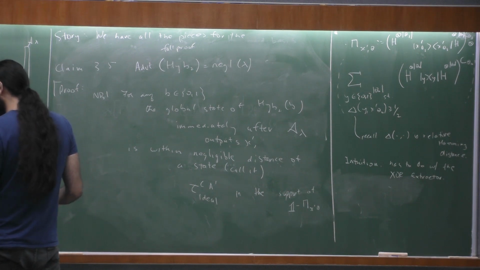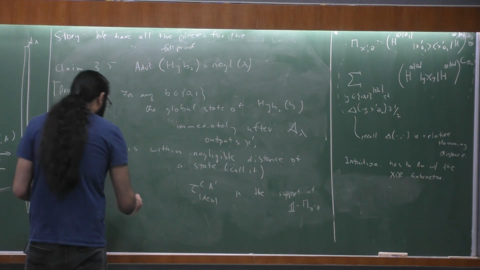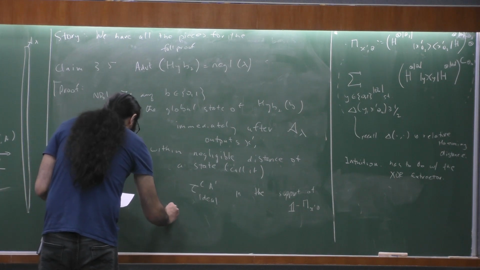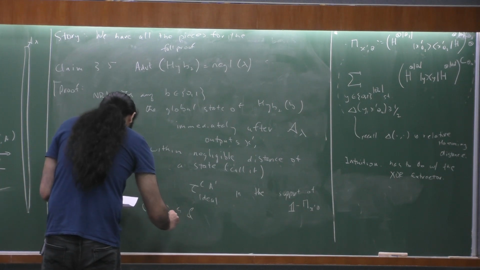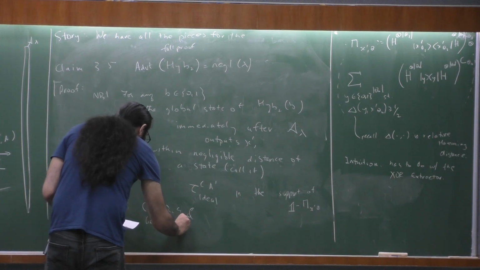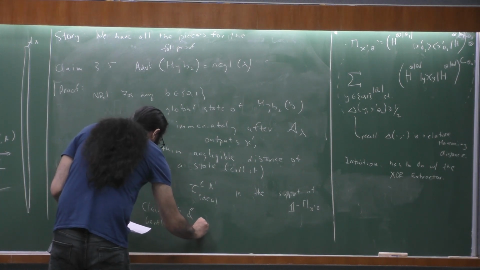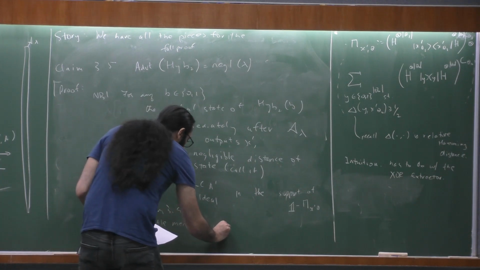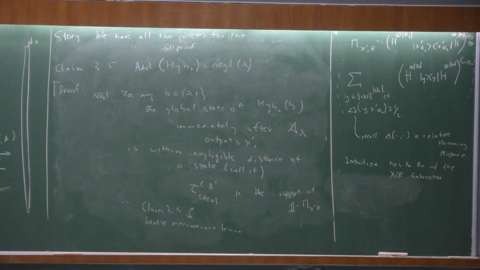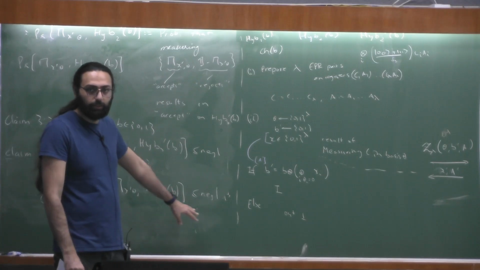Okay, so formally, why this holds is because of claim 3.4 and the gentle measurement lemma. This is just saying that there's a certain probability of getting the output, so the trace of this thing is going to be negligible.